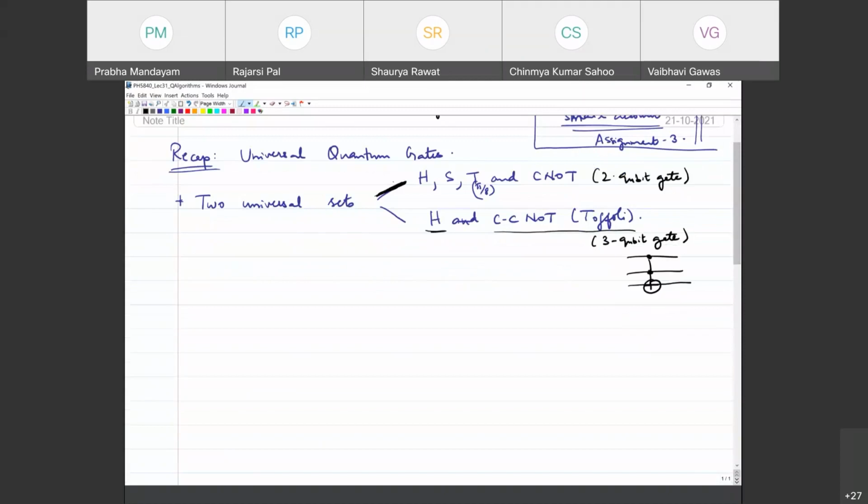So showing universality of this set is a two-step process.